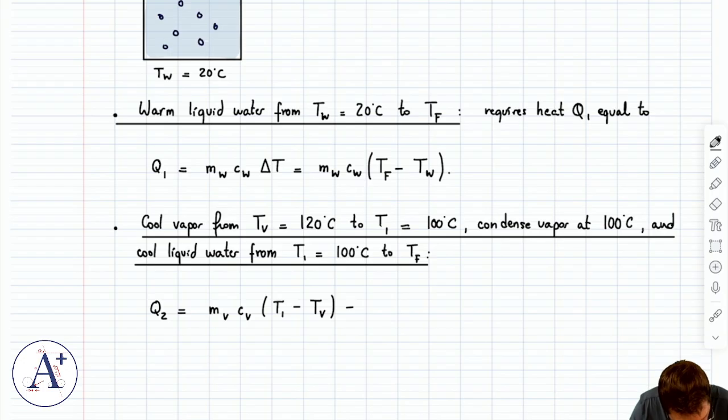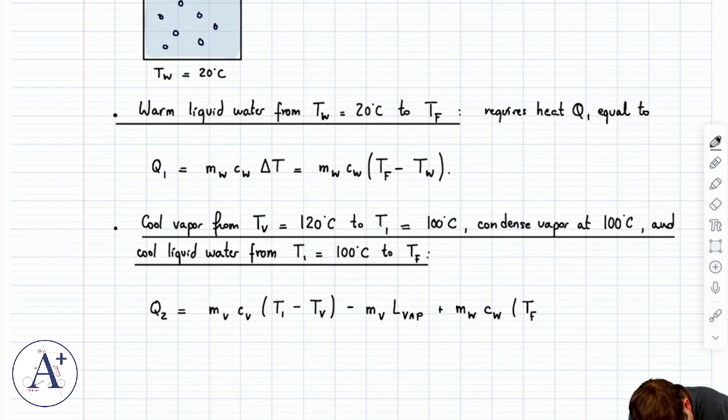Then I have to condense vapor. Okay, so, well, that's a phase change. I have to put the minus sign, and the amount of heat that I have to remove is mass vapor, L vapor. Now I have liquid water at 100 degrees. I have to drop its temperature to T final. This is going to be mass of water, specific heat of water, T final is my final temperature.